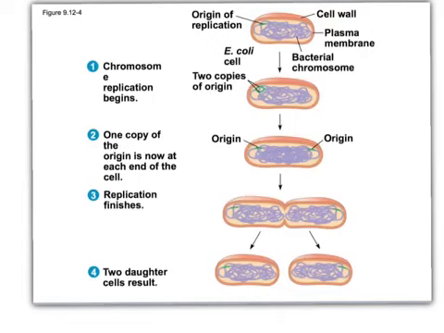In simpler genetic material such as bacteria, there's one spot, the origin of replication. Replication proceeds in both directions from that origin, eventually forming another circular chromosome, so you get two copies of the origin.